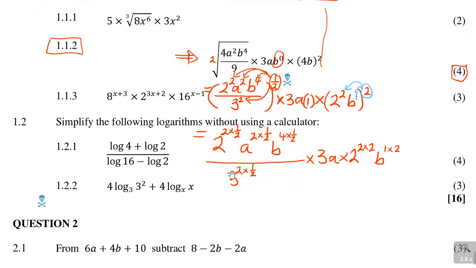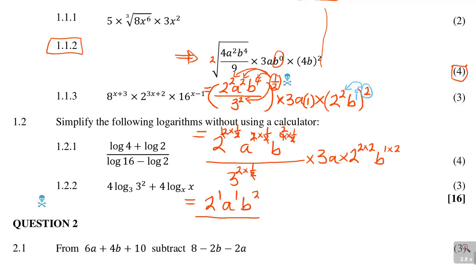So when you've done that, you go on to simplify, and in your simplification, 2 and 2 cancel to get 2 to the power 1. That one also, a and 2 cancel to get a to the power of 1. 2 and 4 cancel to get b to the power of 2 all over.